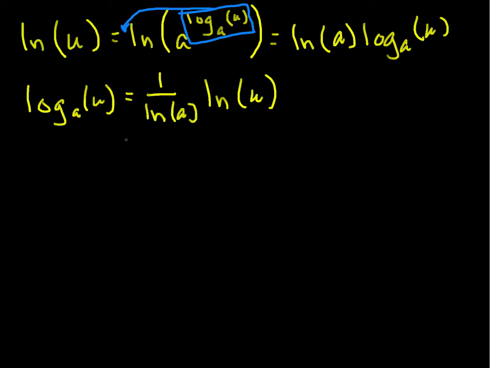And this is exactly how we can go back and forth between different bases. For instance, if you wanted to calculate log base 7 of some number, your calculator doesn't have log base 7, but it does have the natural log.